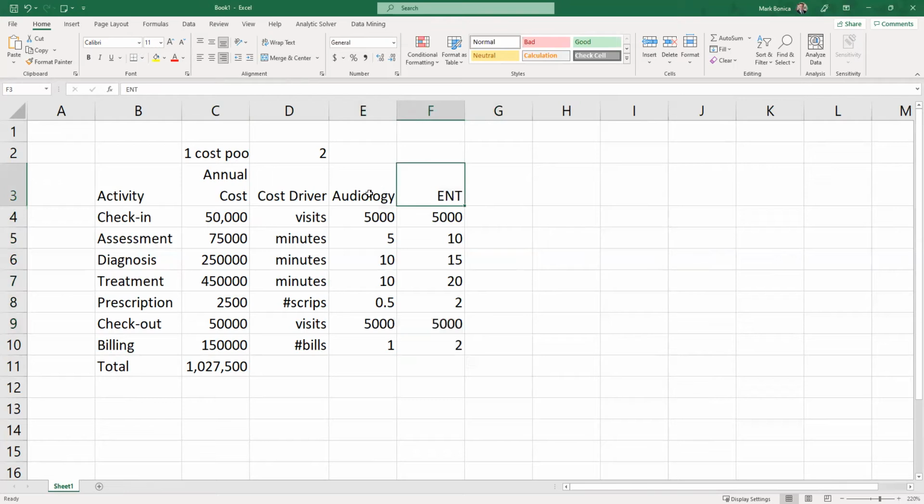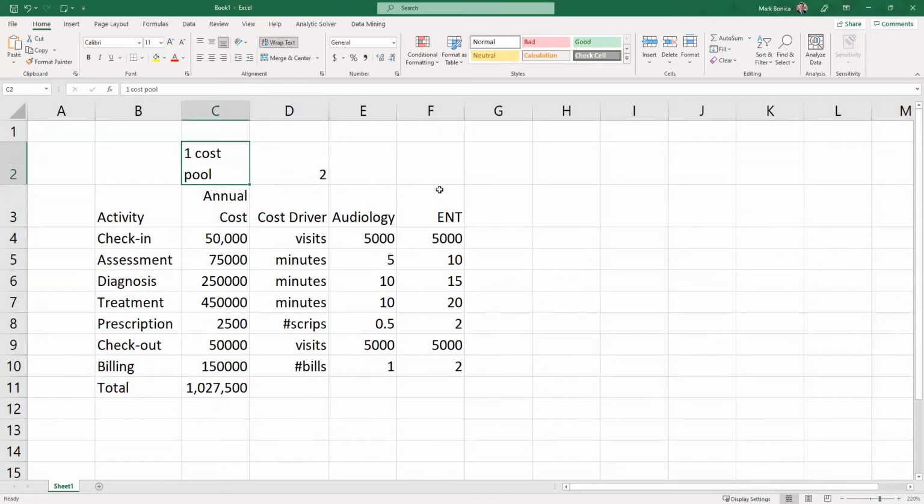Okay, so we have now kind of the driver and how it's being measured. So what we need to do is total up the driver, right? Because step 1, cost pool. It's not cost poo, that's cost pool, right? There we go. Step 1 is the cost pool. Step 2 is the driver, right? But what do we use when we calculate the driver?